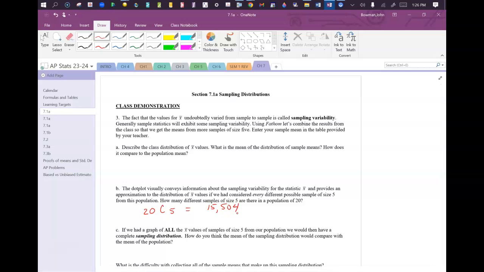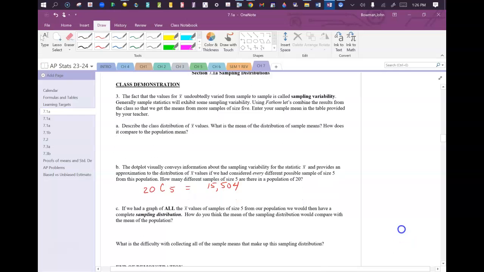And that's why we did not construct the sampling distribution, because technically the sampling distribution would be all 15,504 sample means plotted on that dot plot that we just looked at. And if we had done that, the mean of all 15,504 sample means would be precisely equal to 360.25.